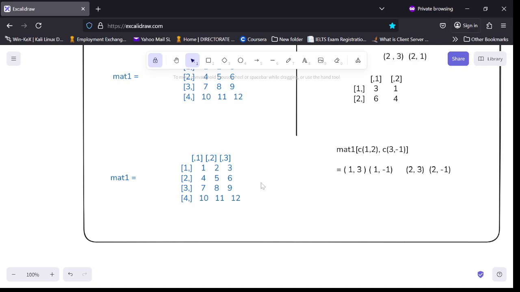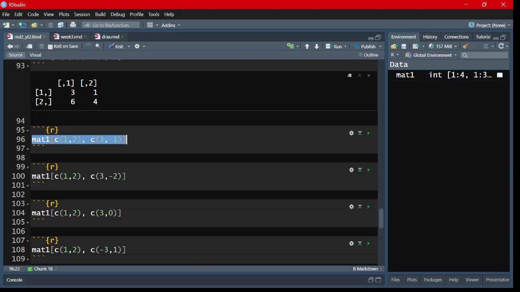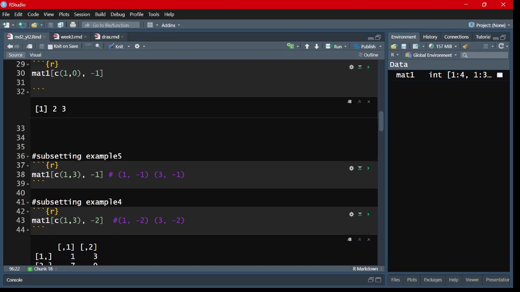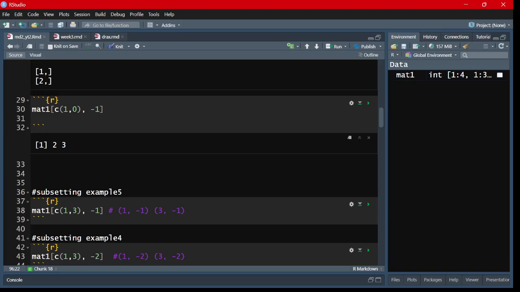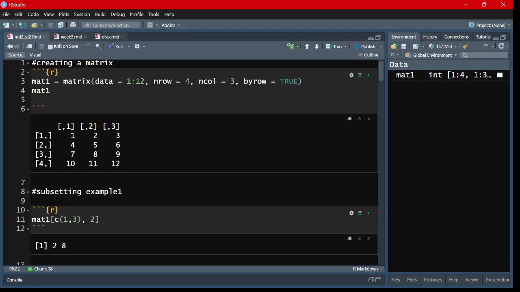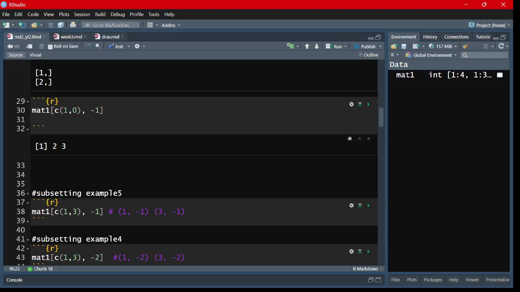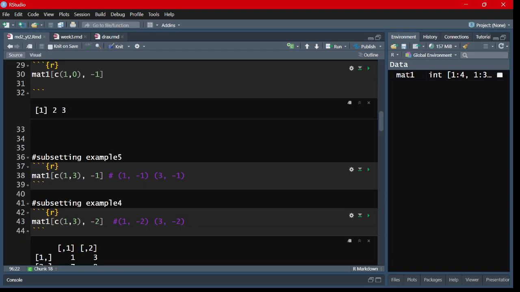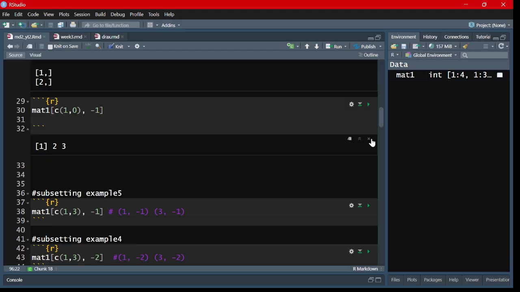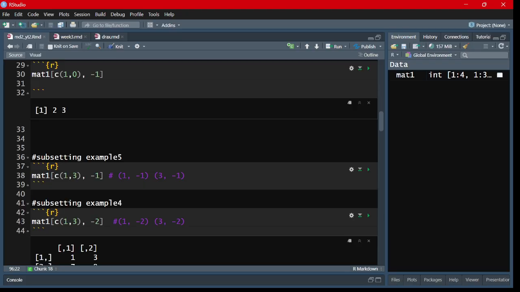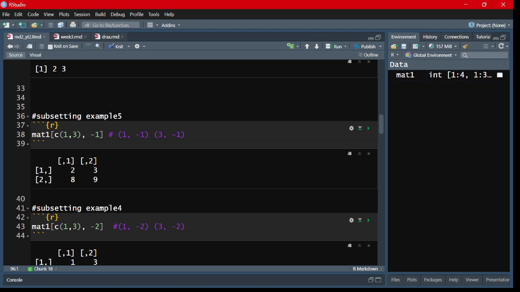Earlier, let's see what we did previously when we saw the case of negative numbers. Yes, this is one example of negative numbers: 1 3 minus 1. When we got 1 minus 1 and 3 minus 1, what did we do exactly in this case? We got a matrix.